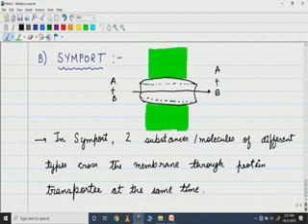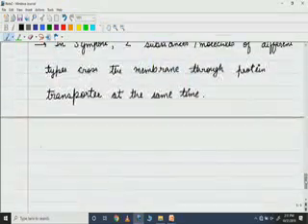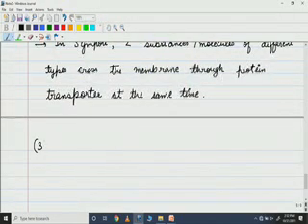Okay. Next is the antiport. Third option is antiport.